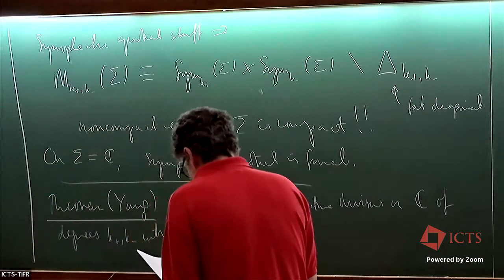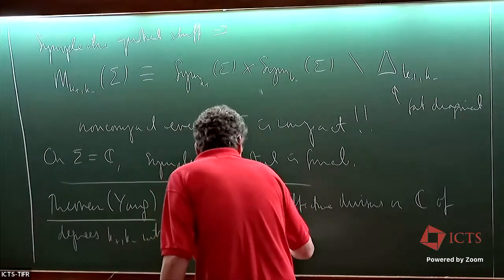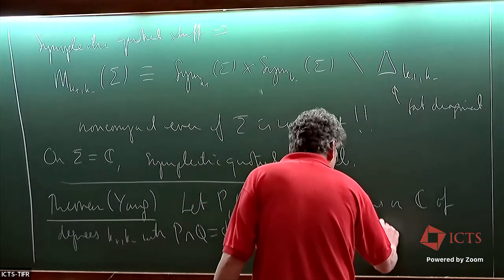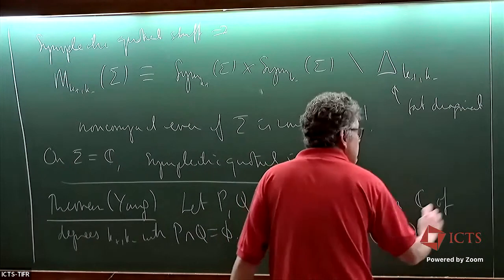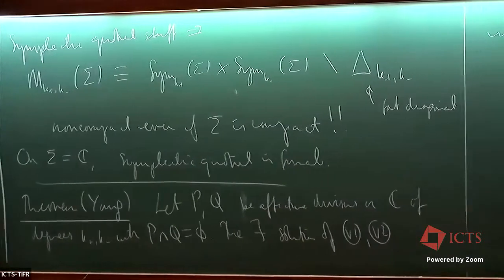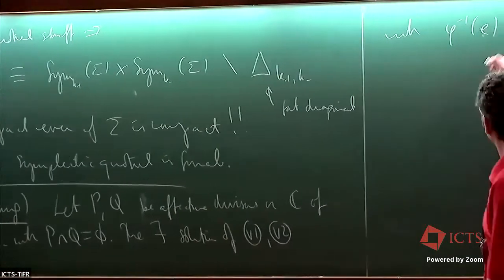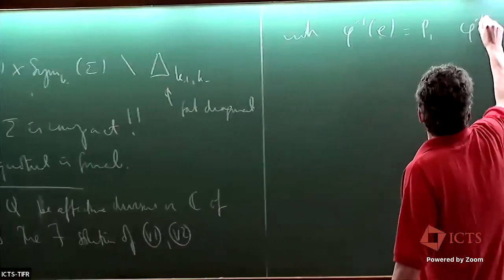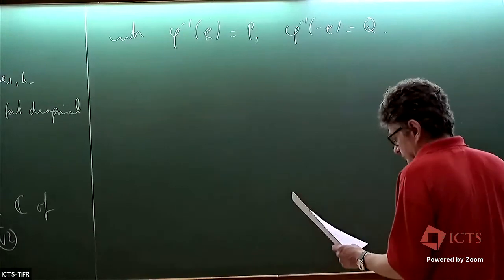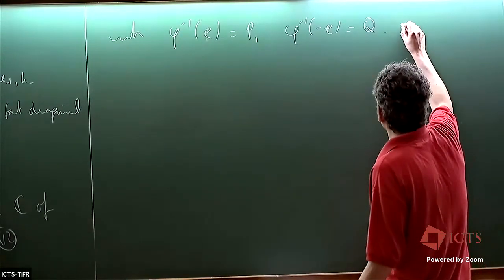Then there exists a solution of V1, V2 with phi hitting the north pole precisely on P and phi hitting the south pole precisely on Q. It's unique up to gauge.